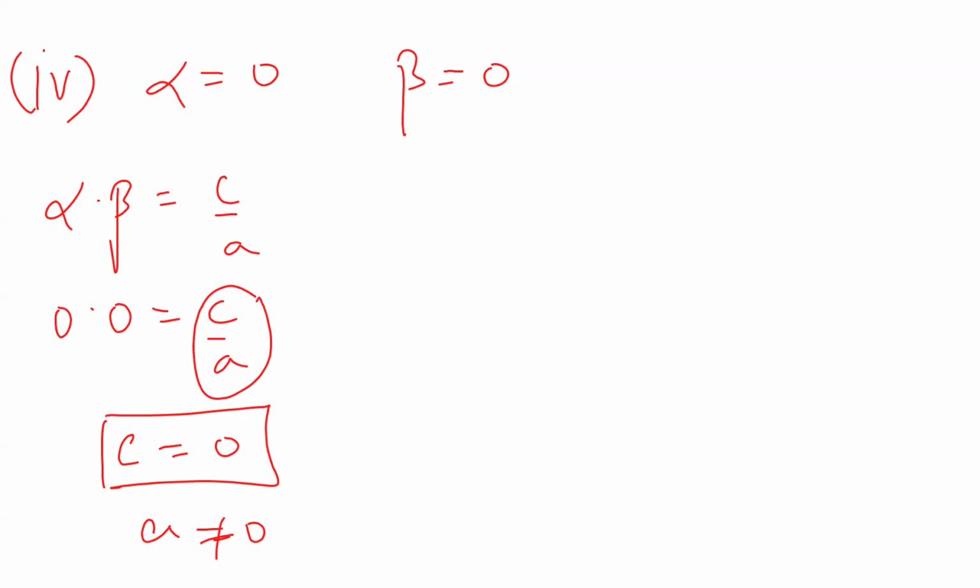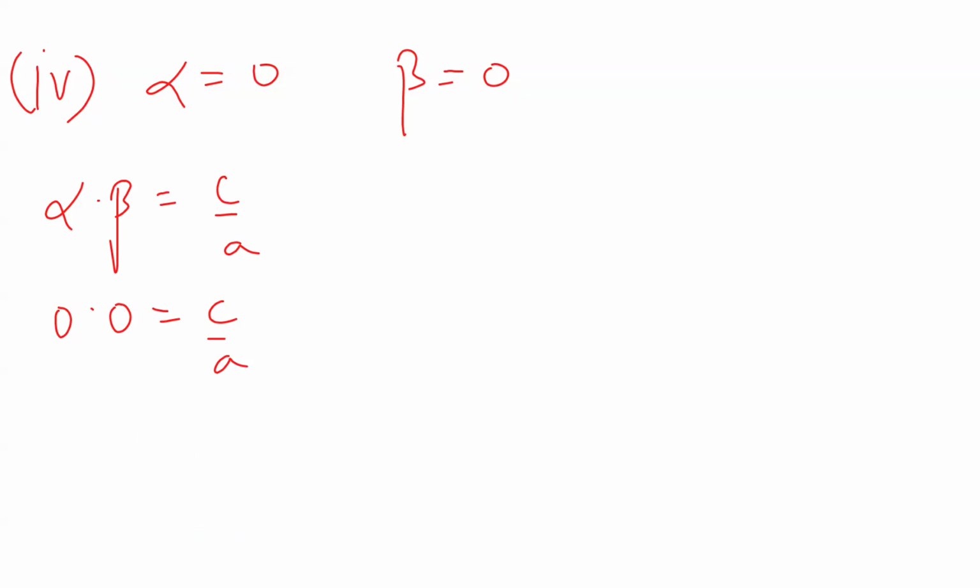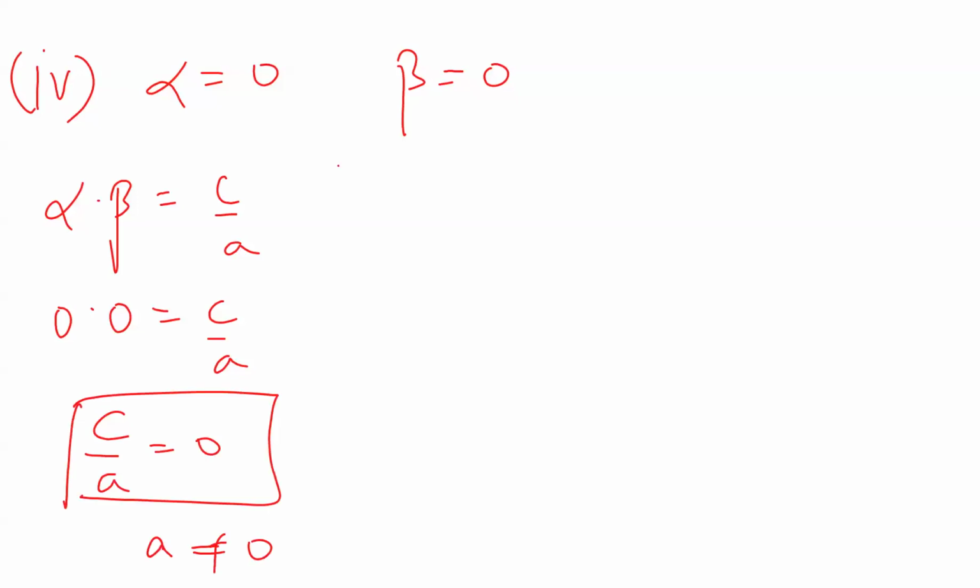C upon a non-zero value will only give you 0. So we can rather write this. The first condition is C upon A is equal to 0 and A cannot be 0. Because if A is 0, then C upon A will be not defined, but then we don't require not defined, we require 0. Then alpha plus beta is equal to minus B by A. Now these are both 0.